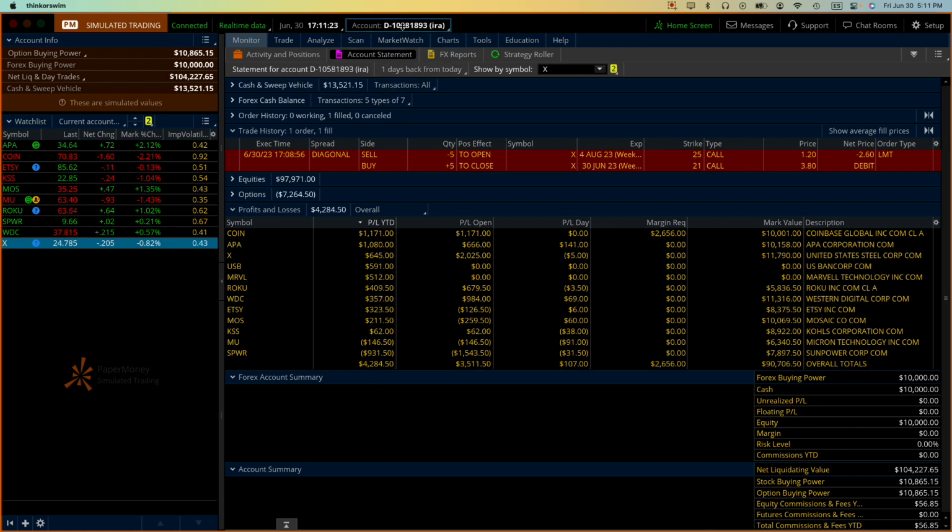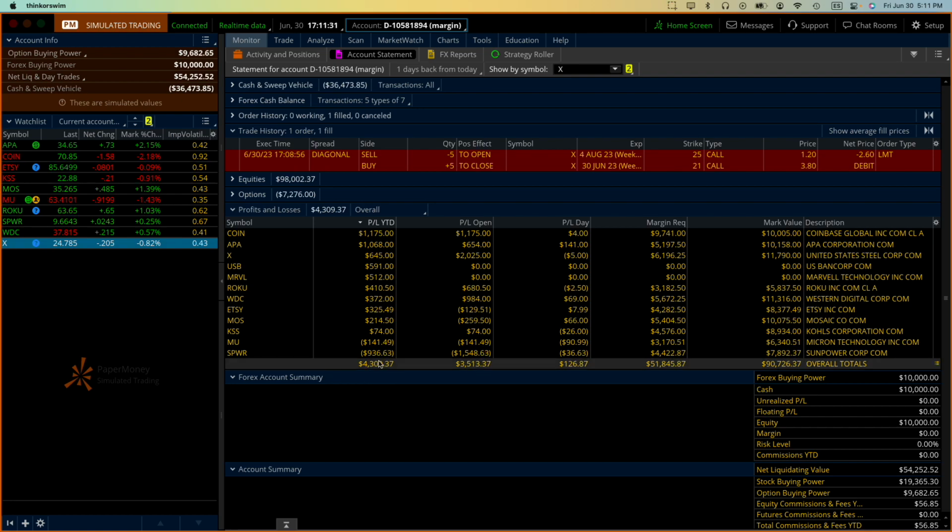On the IRA, on the margin account, my value is much more increased. It's a larger percent because we are making the exact same amount of money with half the investment. Of course, there is risk to doing margin account, because if the value drops on the stock market in general, you may get margin call and then you have to come up with additional money.